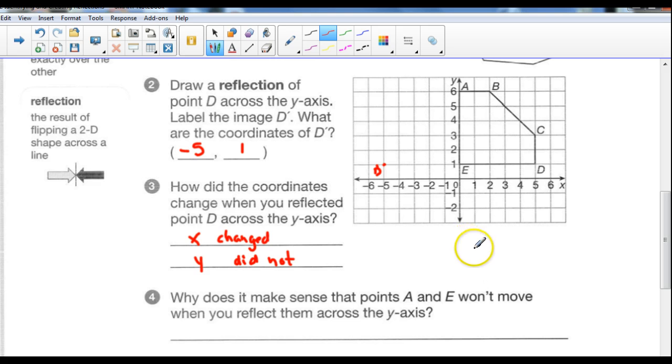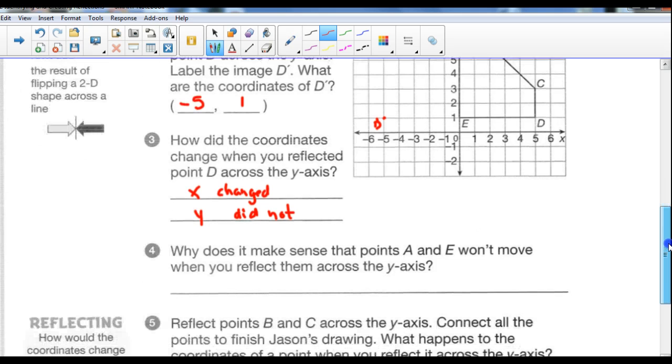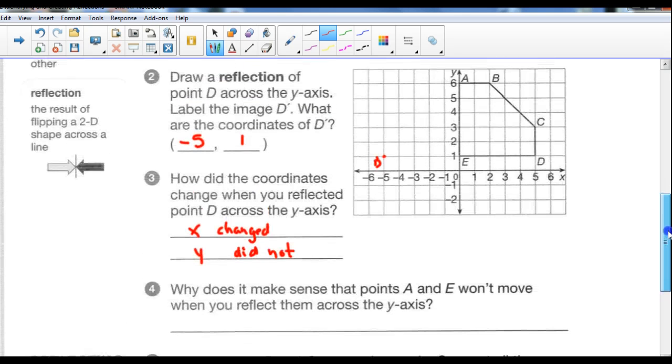Why does it make sense that points A and E won't move when you reflect them across the y-axis? This is point A and this is point E. Well, because they become the mirror image of the object across the axis. That's why they won't move. They're actually on the axis.